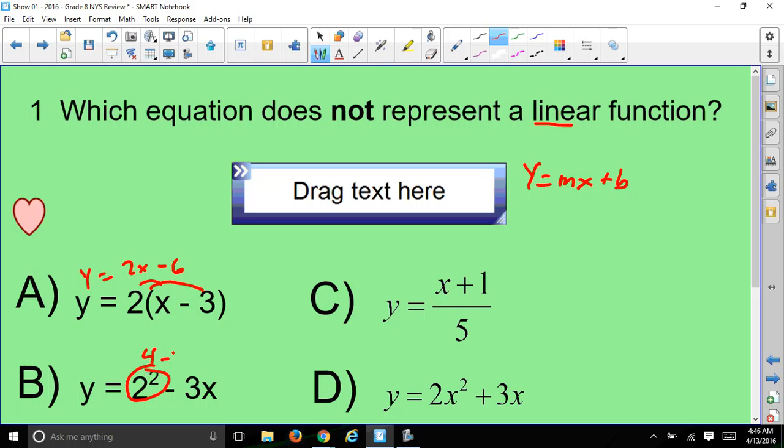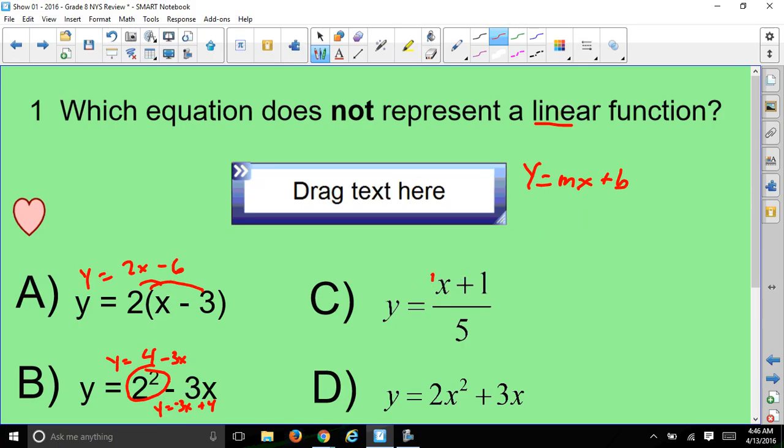And 4 minus 3x. So y will equal 4 minus 3x. And usually we put the x first, so that would be minus 3x and plus 4. So that's in the shape of y equal mx plus b.